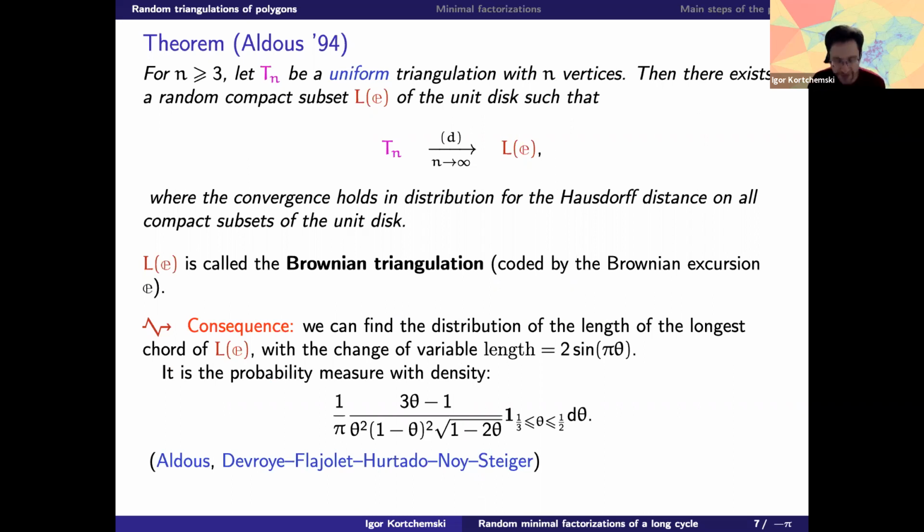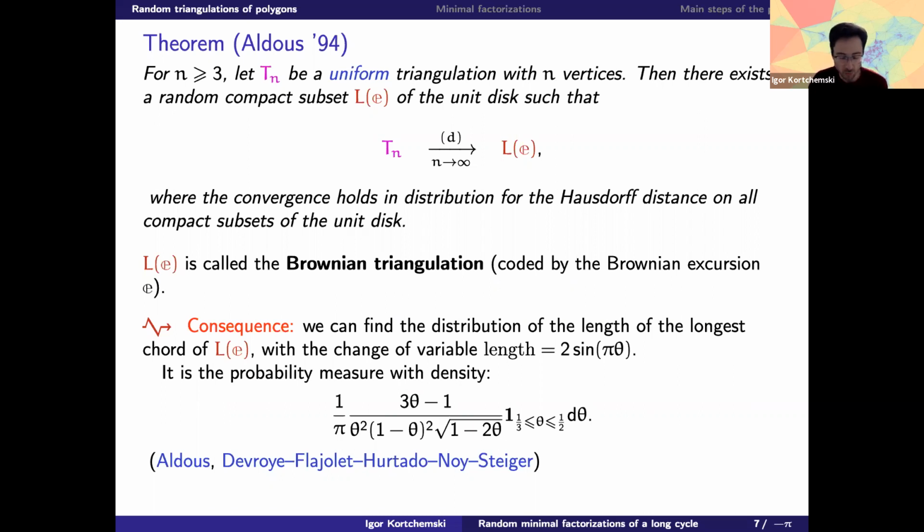And it was obtained by Aldous by doing a computation directly using the Brownian triangulation. And it was also obtained by De Vroye, Flajolet, Hurtado, Noy, and Steiger by explicitly computing the distribution of the longest chord in Tn, and passing to the limit, we get the length of the longest chord of the Brownian triangulation.